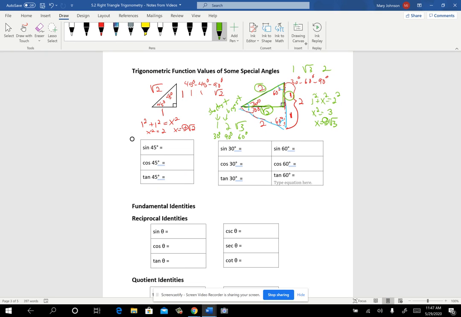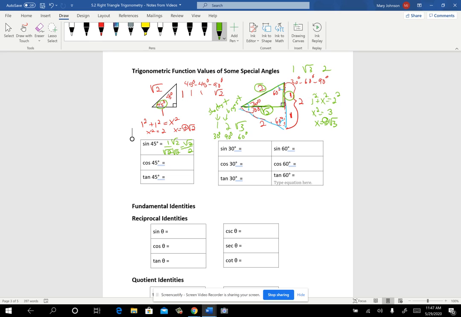Now that we know the ratios of the sides and we can see their location, when we do the sine of 45, it's just going to be 1 over square root of 2. But then you have to rationalize that. And you'll hear this quite a bit. So that's square root of 2 over 2. Well, cosine is going to turn out the same way because it's also 1 over the square root of 2.